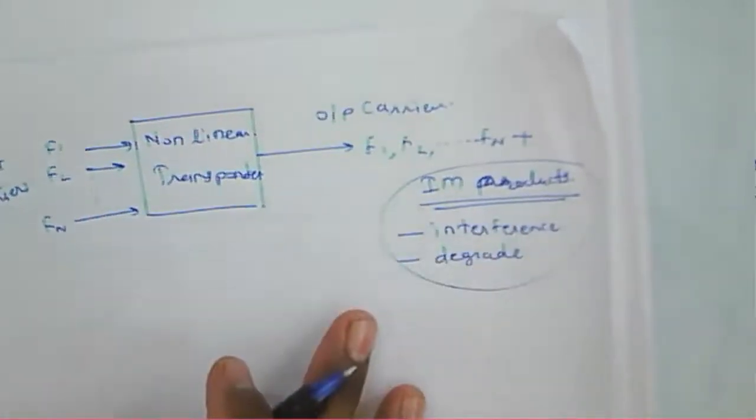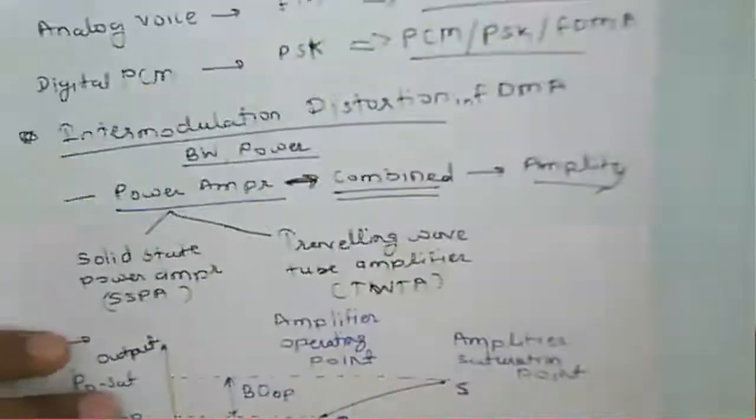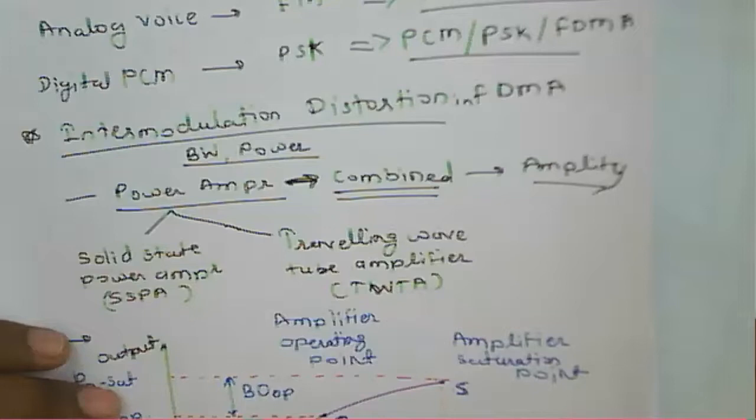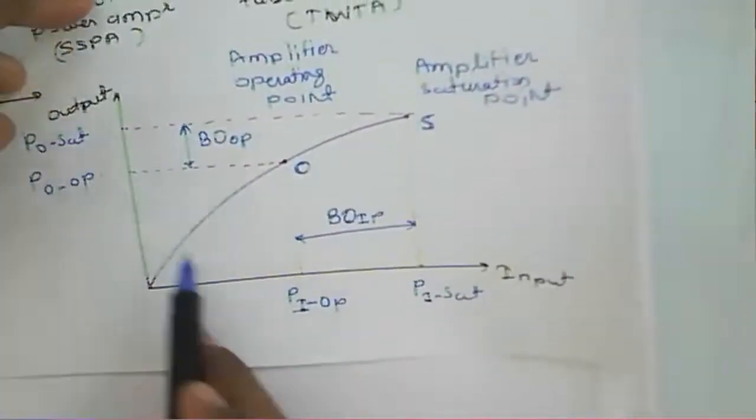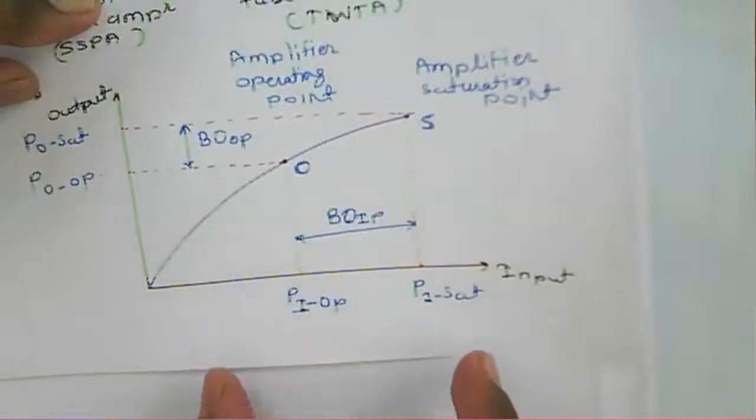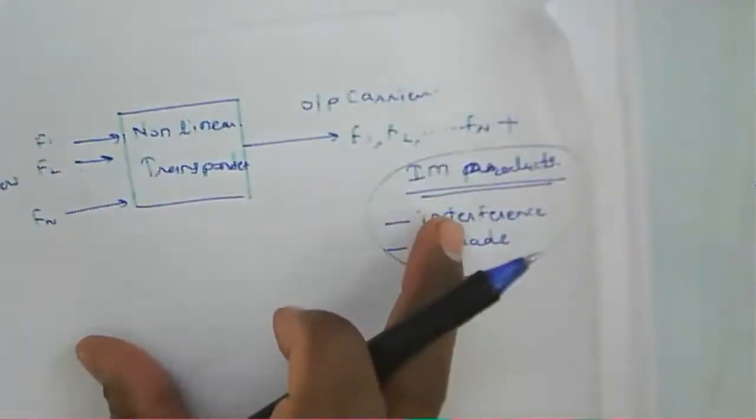If you consider the input output characteristics of this nonlinear amplifier, that is just like we are expressing in terms of an operating input power and an operating output power there.